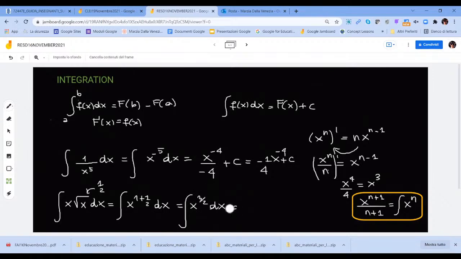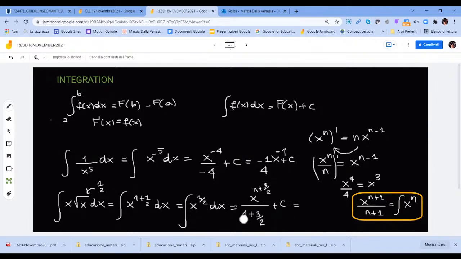That means you have to divide by 1 plus 3/2, and x will be to the same power, 1 plus 3/2, plus c.